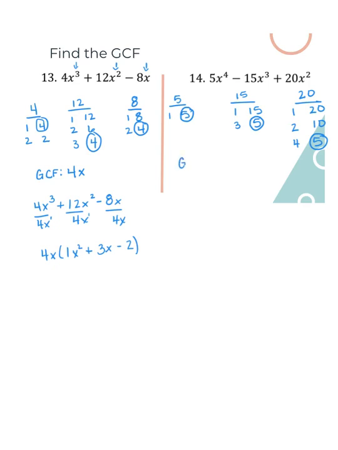So my GCF for my number is that 5. And then I have x to the fourth, x to the third, and x to the second. Well, x to the second is the smallest of the 3, so I'm going to use that one. I'm going to rewrite 5x to the fourth minus 15x to the third plus 20x to the second. Now I'm going to divide out my GCF, so 5x squared.